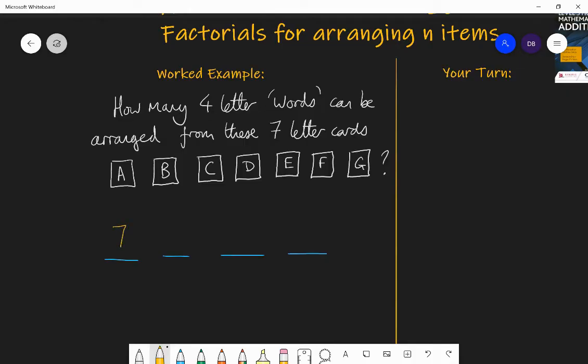I have 7 different options for my first letter. My first letter could be an A, could be a B, etc. Once I've chosen my first letter, I now have 6 cards left to put into my second letter. So 6 there. Then I have 5 different choices for my third letter, then 4 different choices for my fourth letter. So the calculation will be 7 times 6 times 5 times 4, which is 840 different words.